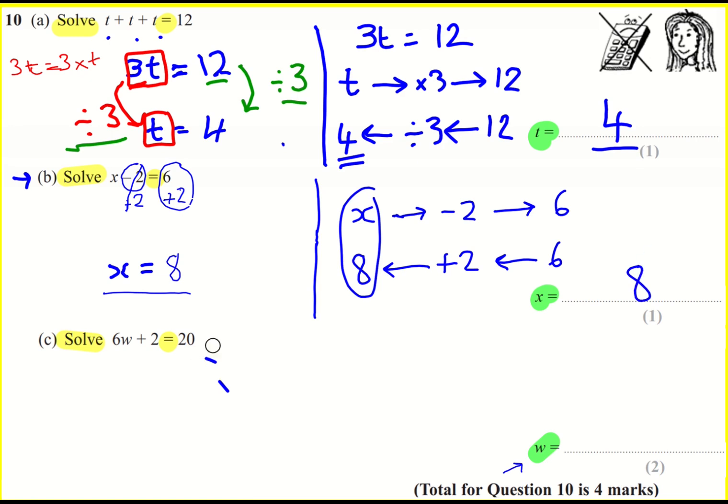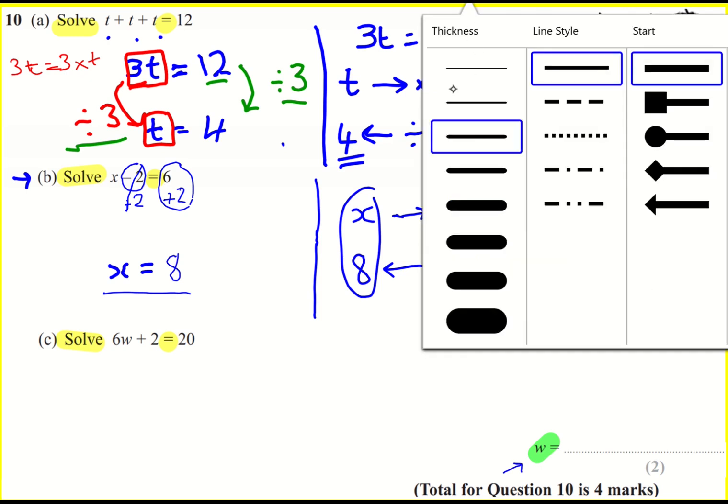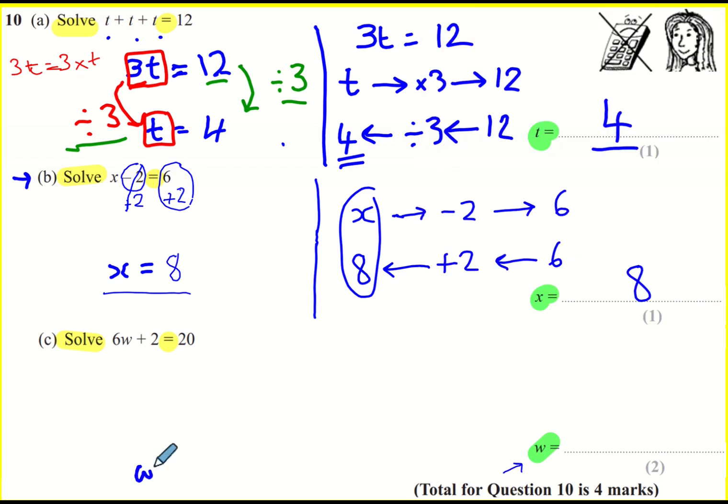And finally, this one. So remember, the aim of solving an equation is to get the letter on its own. So we want to get w on its own. What is in the way of that? Well, the +2 and the 6 that is attached to the w.